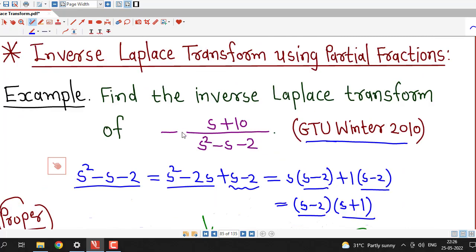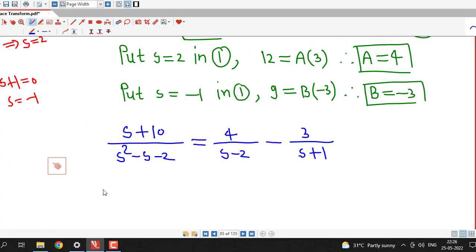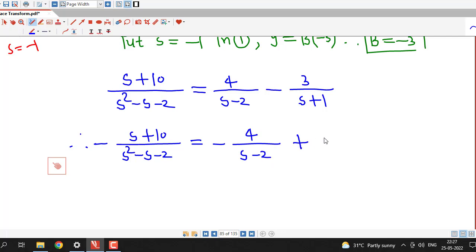And in the question we have a negative sign, so now we multiply both sides by minus 1. Therefore minus of s plus 10 divided by s square minus s minus 2 is equal to negative 4 divided by s minus 2, and here negative negative is positive, 3 divided by s plus 1.